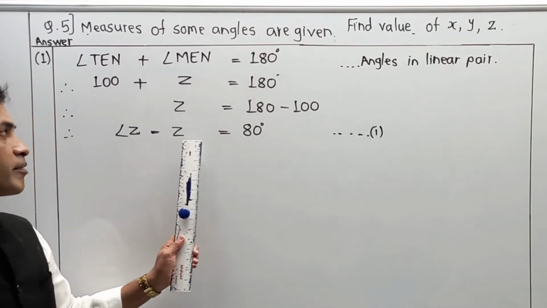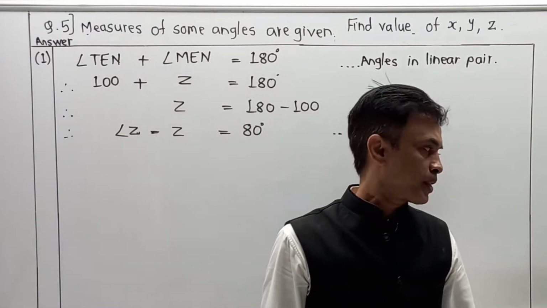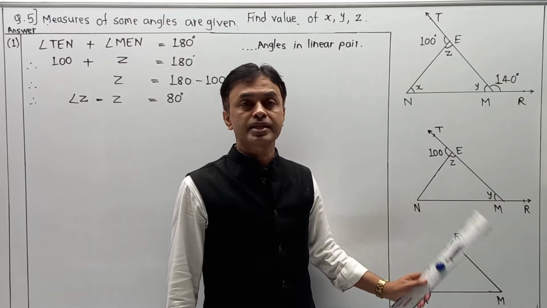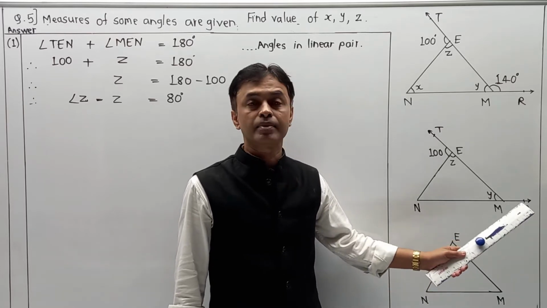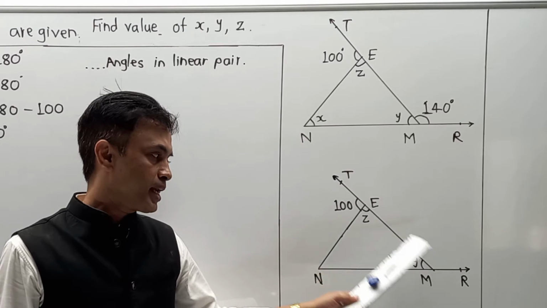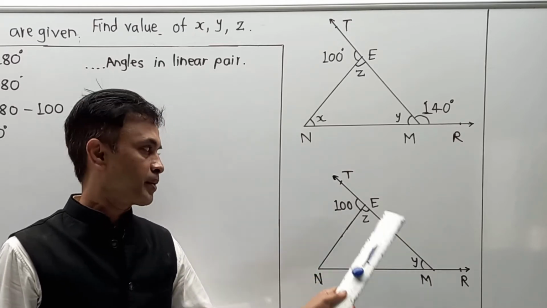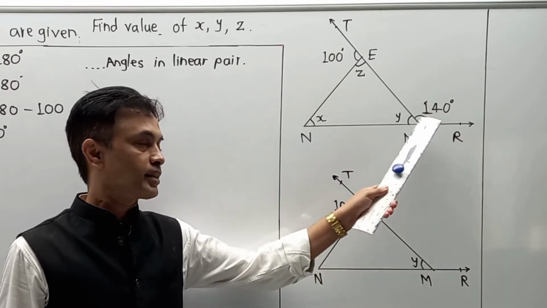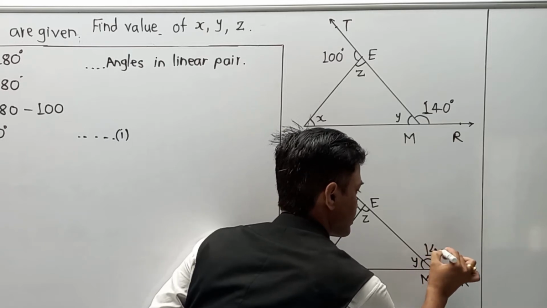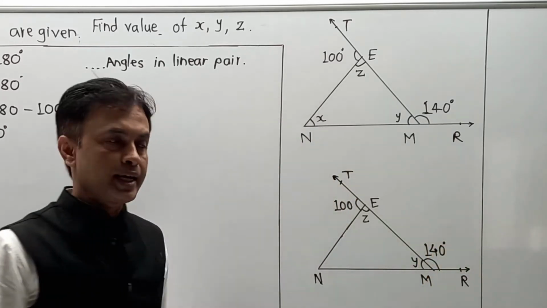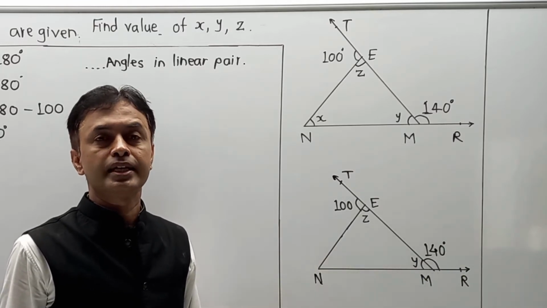Now, after calculating the value of angle Z, we move again to the diagram. Here again we have the same structure in terms of exterior angle, but we have to consider the linear pair angle EMN, that is Y, and angle EMR, that is 140. Angle Y plus 140 degrees is equal to 180 degrees, because again this is a linear pair.